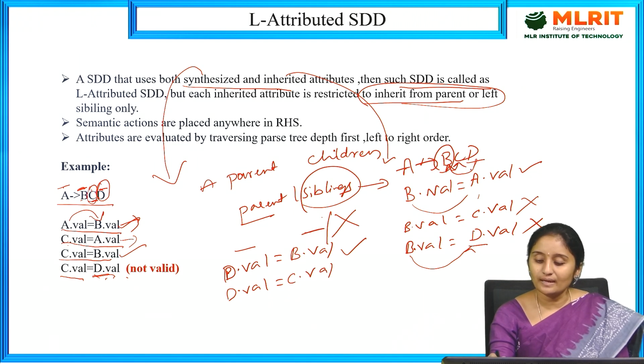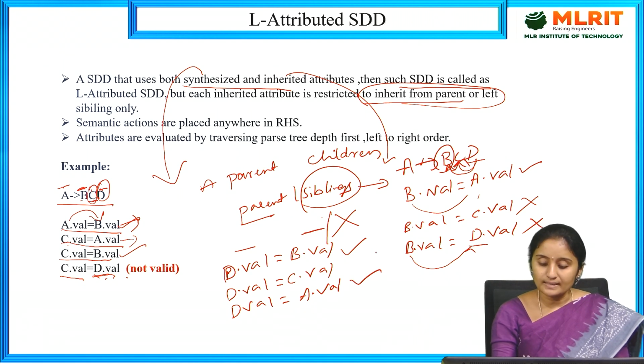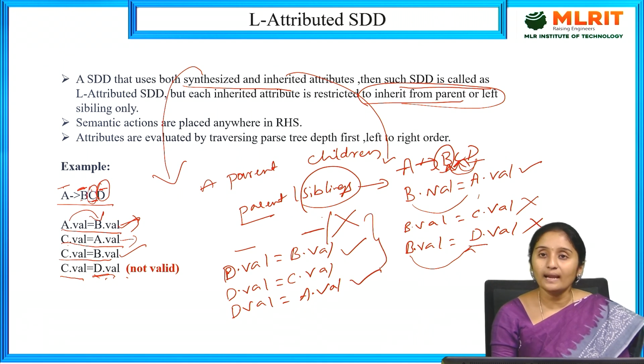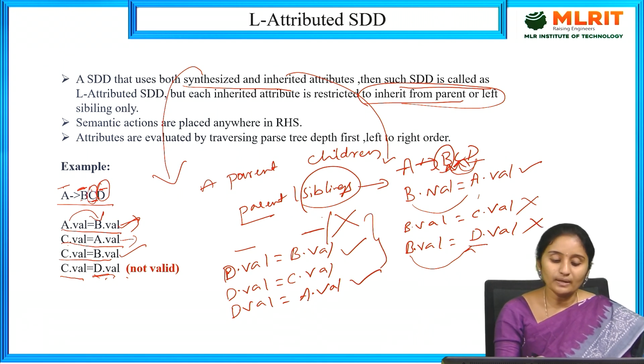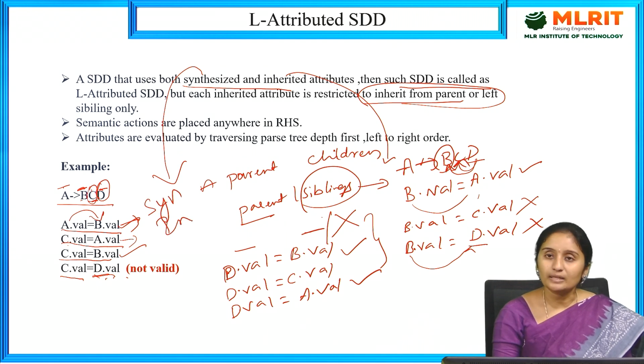Because it is inheriting the values from its left sibling. Next, D.val is equal to A.val. This is also valid. It satisfies L attributed SDD, satisfying synthesized and inherited. But for inherited, we take the values from the parent or left sibling only, not the right sibling.